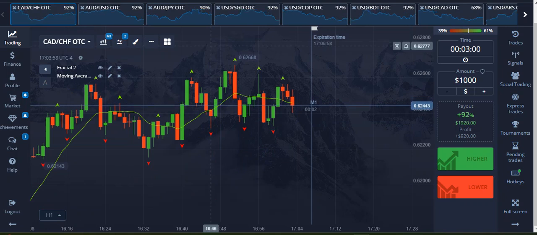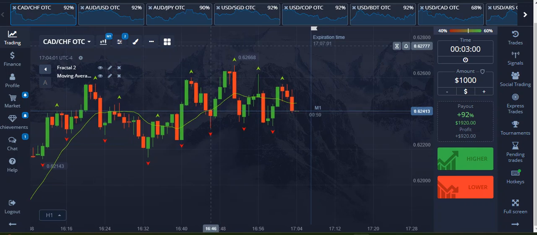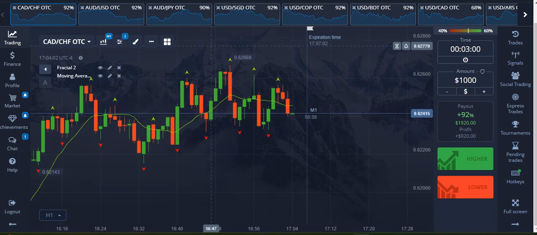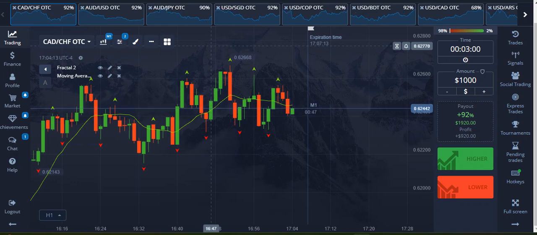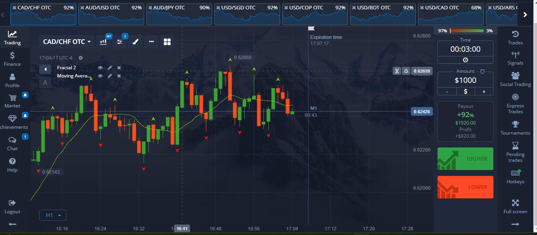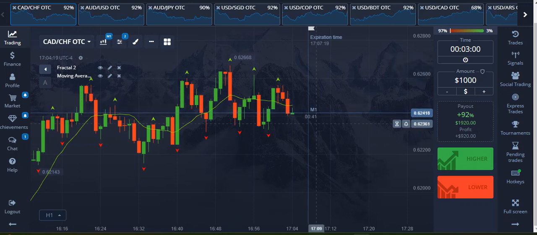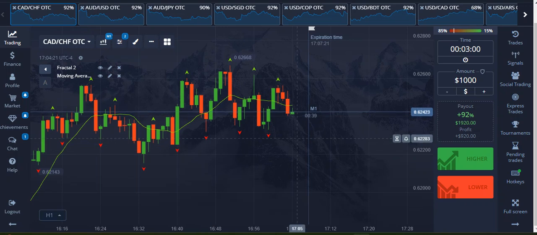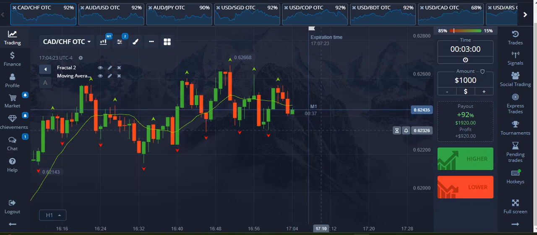Another reason why I'm using this strategy is because the markets have closed. It's 5 o'clock Eastern Standard Time. And so the regular forex markets have closed and only OTC is available at this time. And so there's really not a lot of movement in the OTC markets as well.